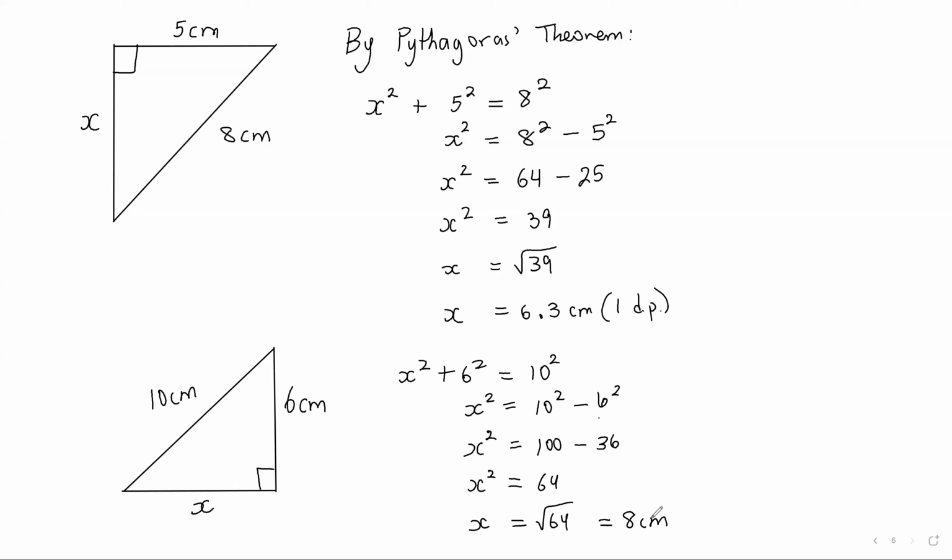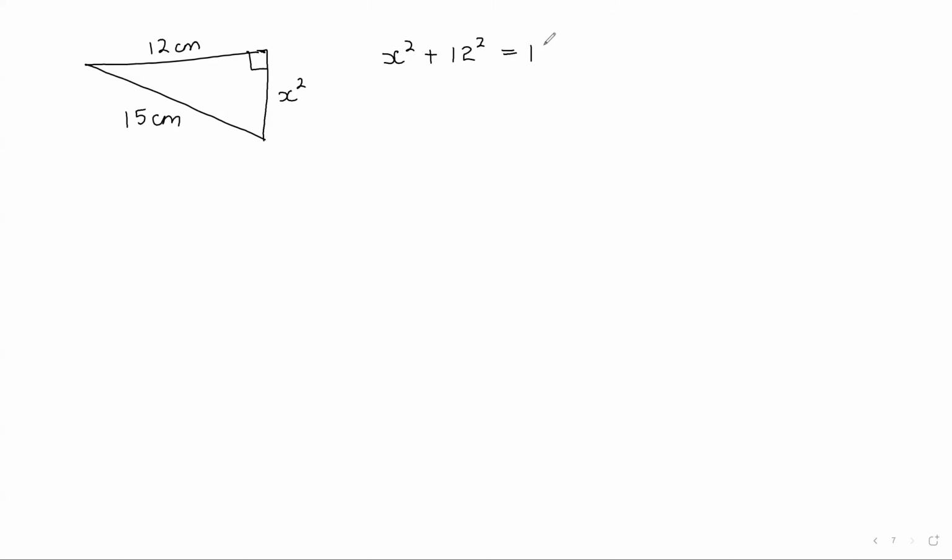Let's do another one. Let's go. x squared plus 12 squared equals 15 squared.